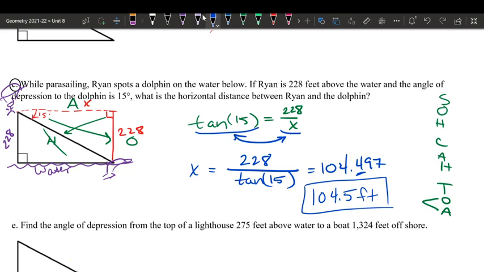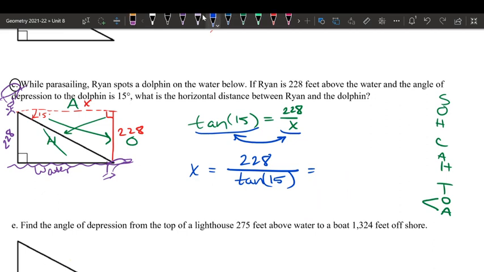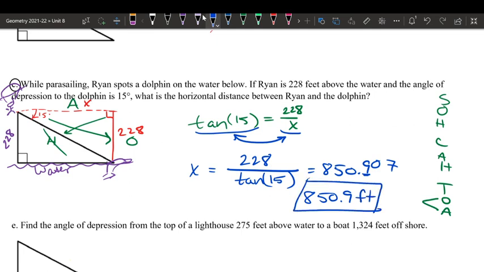Tangent of 15. It's 850.907. Rounding to that 9, the 0 says stay the same, so 850.9 feet. Huge difference.